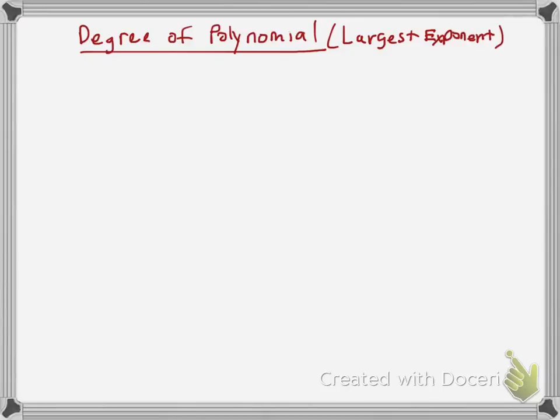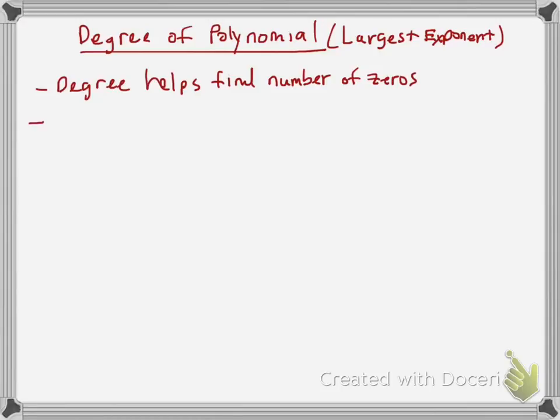So within that degree, the degree helps find the number of zeros. And the degree also identifies the number of turning points.